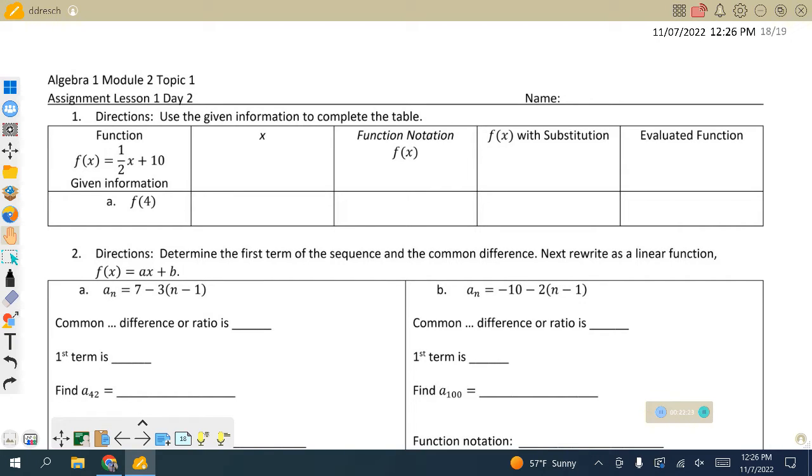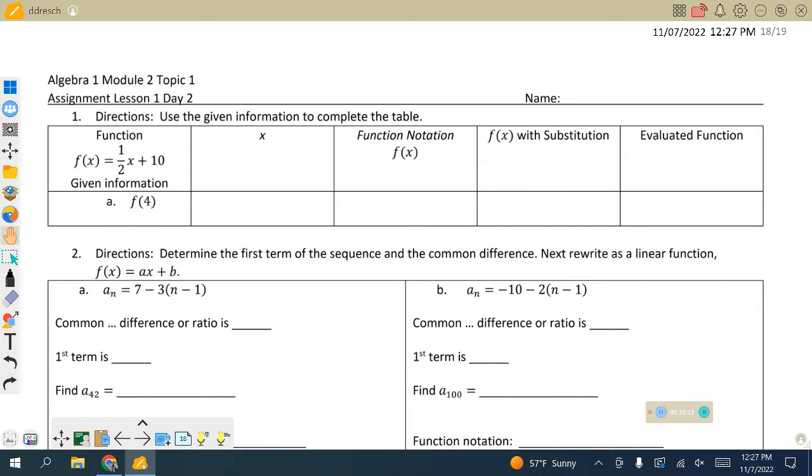Things fixed. Let's do a couple of these first and we'll do the first one.